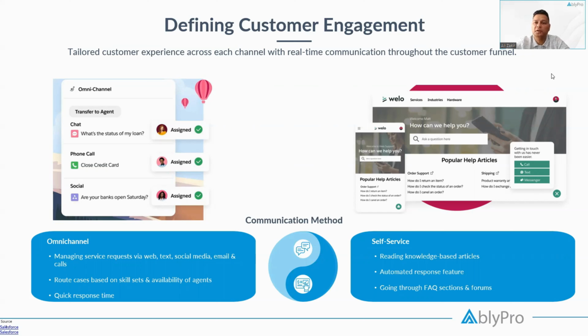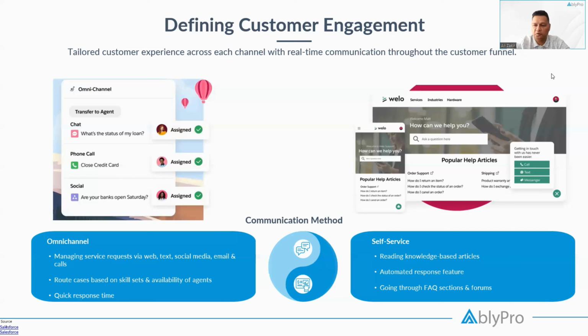So there's different ways you can tailor your omni-channel, and in conjunction with that, depending upon what the case is, you can send it to a particular agent that might have a skill set, and also based upon the availability of your agent. So let's say depending upon your business hours, you would utilize certain routing or channels, and then after hours, you could utilize another, like self-service or bots.